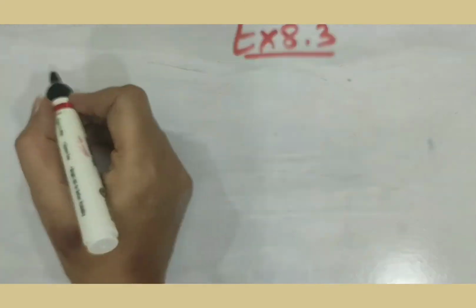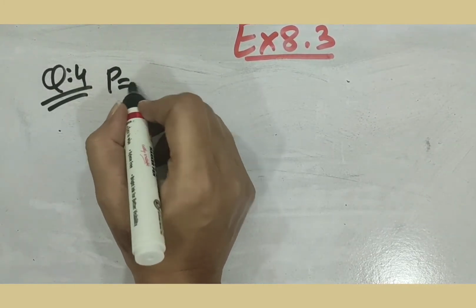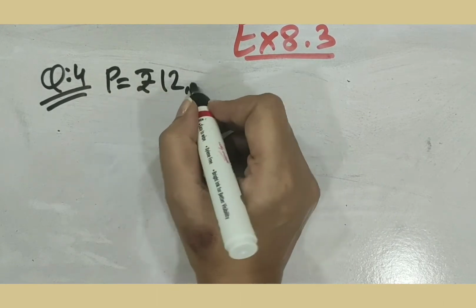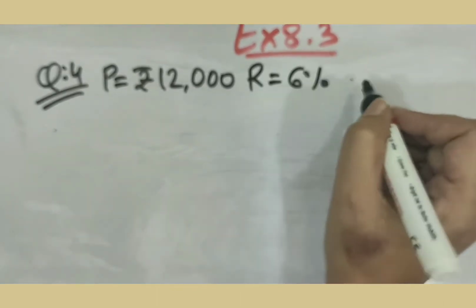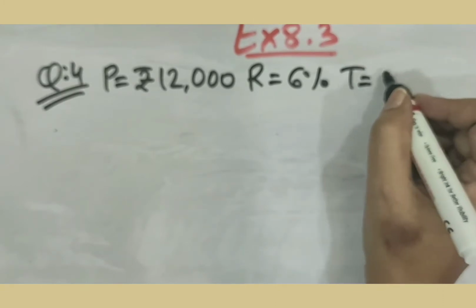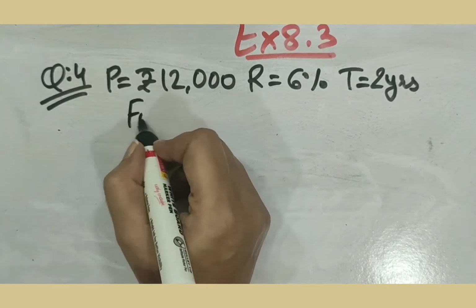Let us start. Question number 4. Here our principal is 12,000, rate is 6% and time is 2 years. First we will calculate for simple interest.